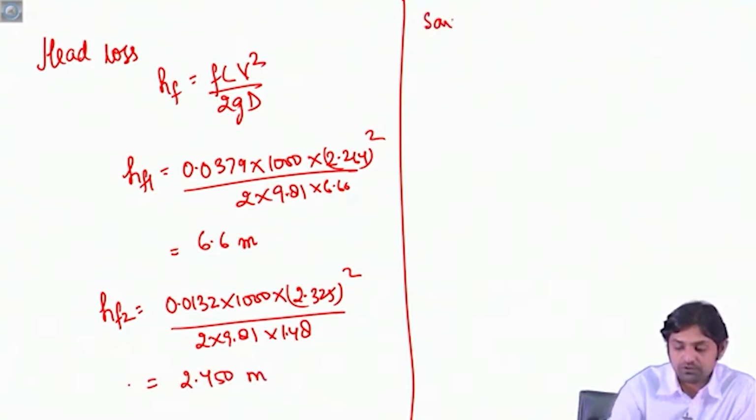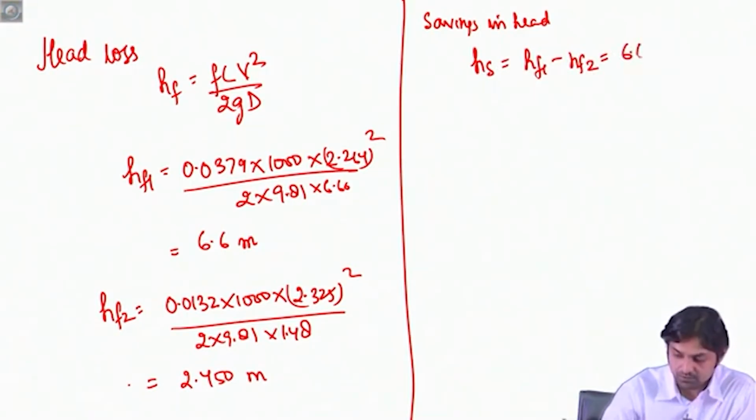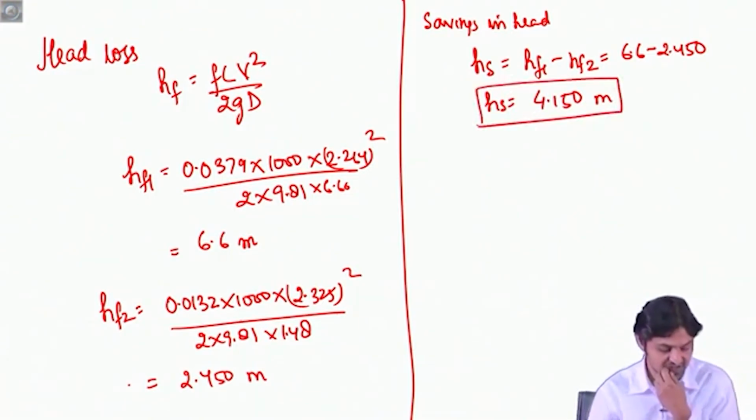So, the frictional loss before the lining was 6.6 meter and after the lining is put is 2.450. So, saving in head HS is HF1 minus HF2, which is 6.6 minus 2.450. So, HS is 4.150 meter. All right, this is the saving in head.